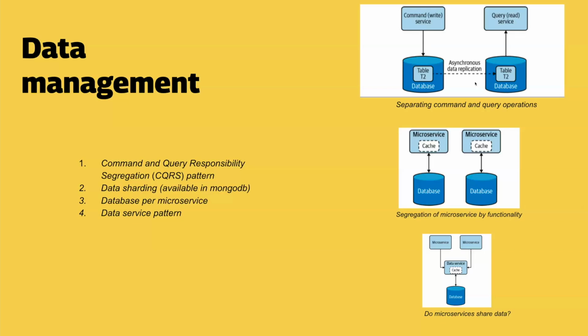So I actually personally haven't seen this as much in the applications that I have been part of. What is much more common is this. You segregate the microservice and you segregate the database with it. In that case, the decoupling and the distribution of load comes based on functionality as well.